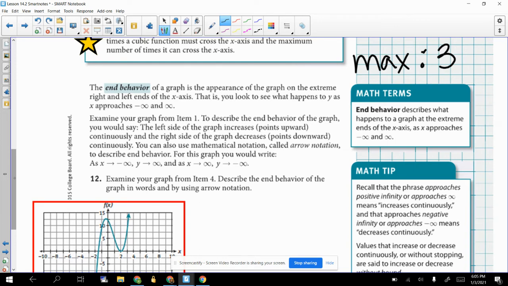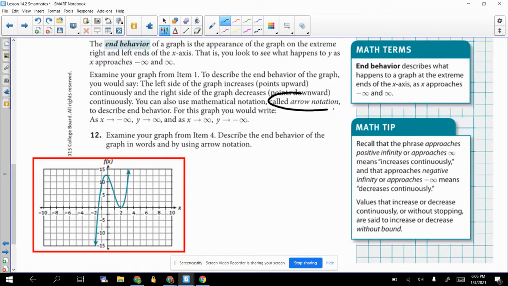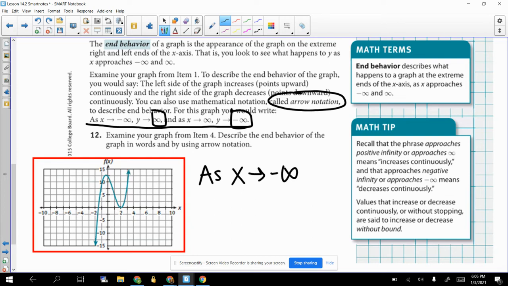Okay, but we're going to use a mathematical notation called arrow notation to describe the end behavior, and it's always going to be set up like this. But these values are going to change. So I'm just going to go ahead and write it out as x approaches negative infinity, which means as we approach the left side. Think about that: as you approach negative infinity on the x-axis, that is going this way.